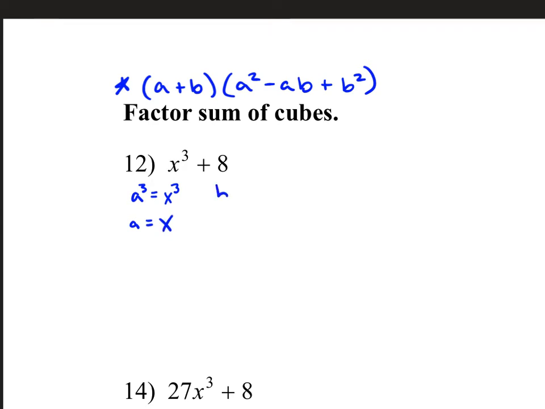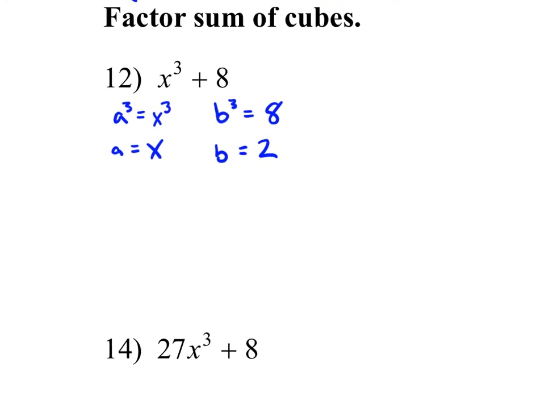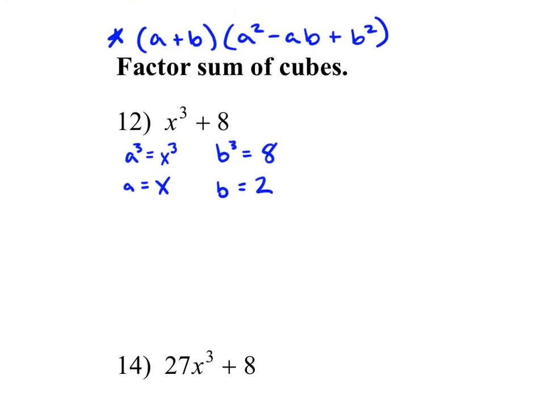And if b cubed is equal to 8, what's b equal to? So what number cubed gives us 8? 2. Awesome. So if you don't remember your perfect cubes, make sure you take a look at that common cubes page from your notes. So now we just plug everything into our formula.